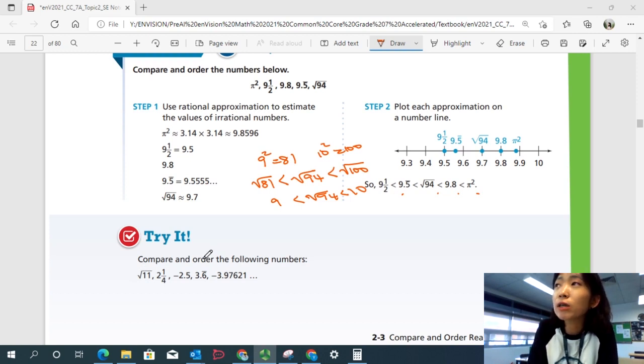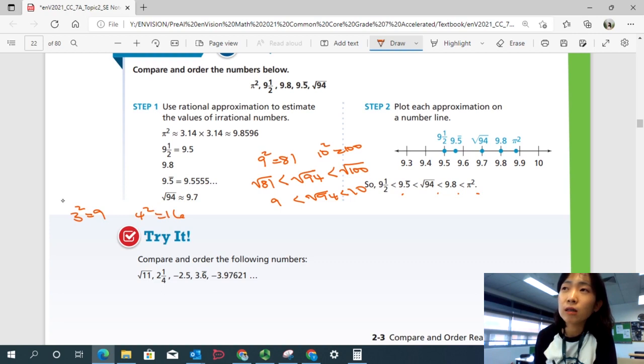So let's first look at the perfect squares, right? 11 is between which perfect squares? 3 squared is 9, right? 4 squared is 16. 2 squared is 4. So 11 is between 9 and 16.